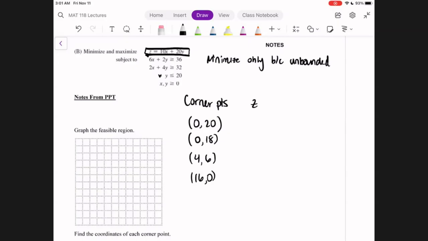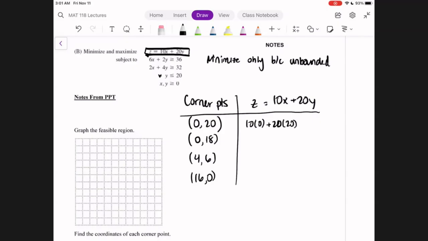And then your z, which we said was 10x plus 20y. What would your z be here? So for the first one, it'd be 10 times 0 plus 20 times 20. So that would be 400 altogether.